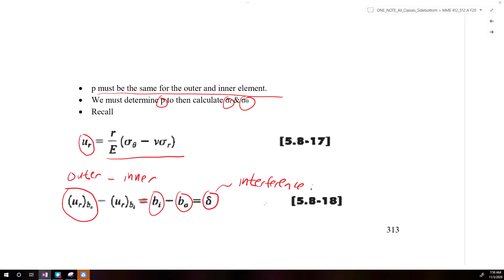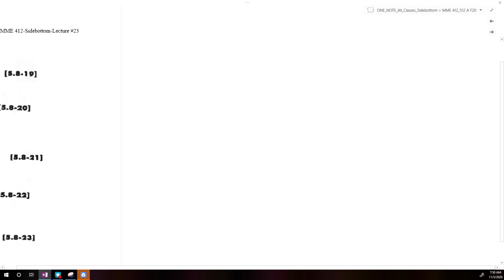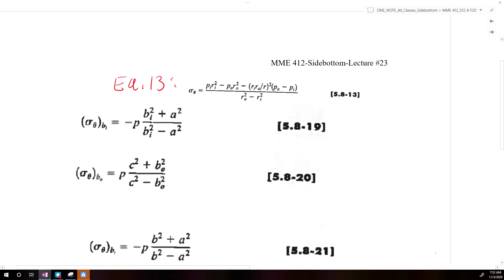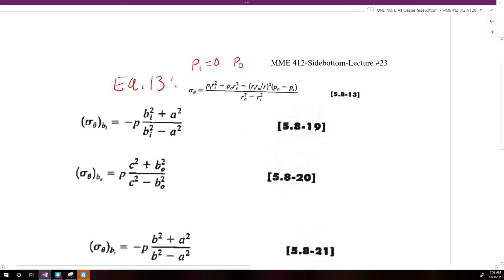So if we look at equation 13, for equation 13 we set the internal pressure equal to 0, and the external pressure equal to P. For the inner element, we plug in everything: Ri is equal to a, Ro is equal to Bi.